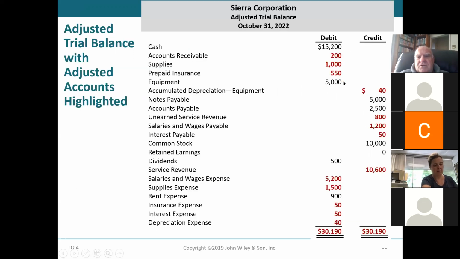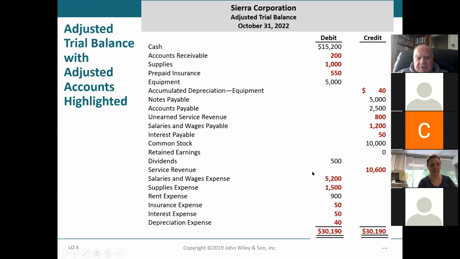So there is our adjusted trial balance. You see the red numbers? Those numbers were not there on the original trial balance. Now we are recording them. We're recording that $200 of work that we didn't bill out. We're recording the $1,000 of supplies and $550 of prepaid insurance expense.